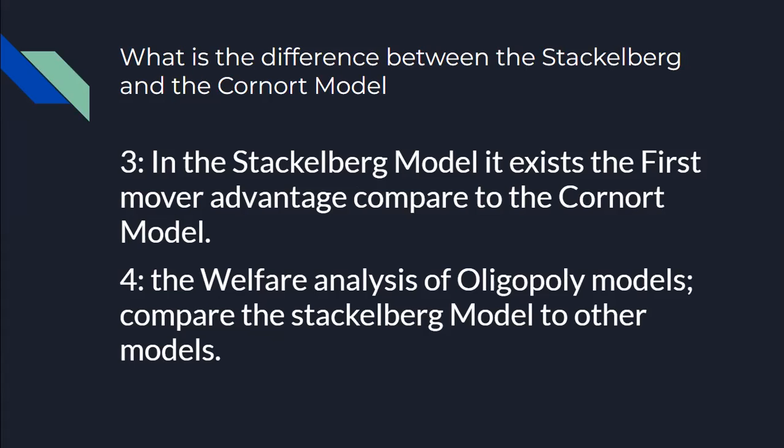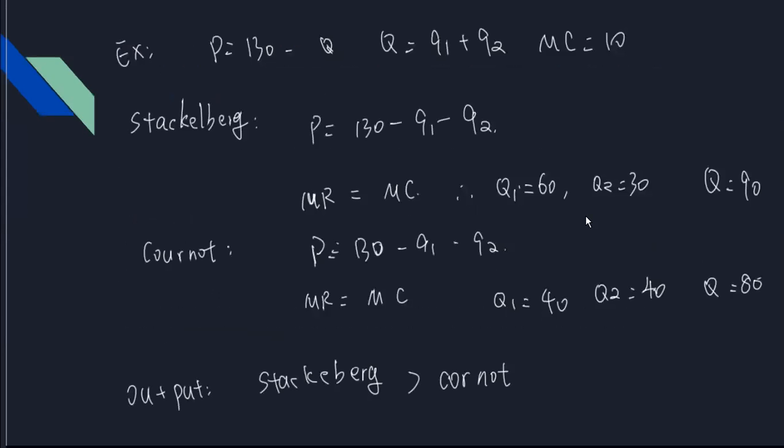And lastly, there is a welfare analysis of the oligopoly model. There are three or four oligopoly models, but in my presentation, I only compare two: one is called Stackelberg, and the other one is Cournot. Now I use the same kind of example for P and Q, but the previous example used 110 and this one uses 130.